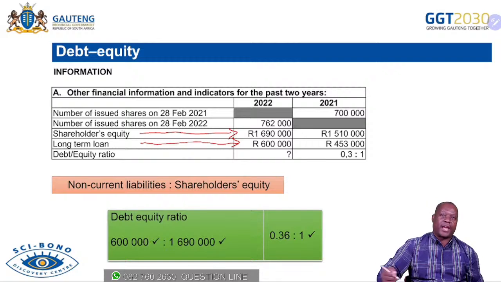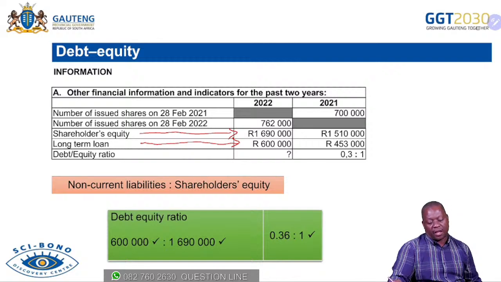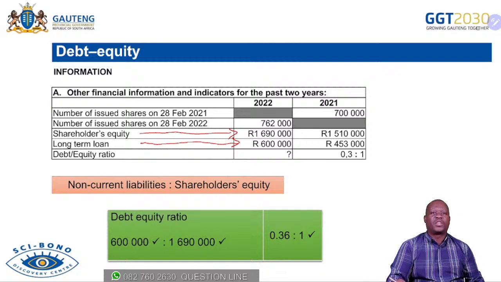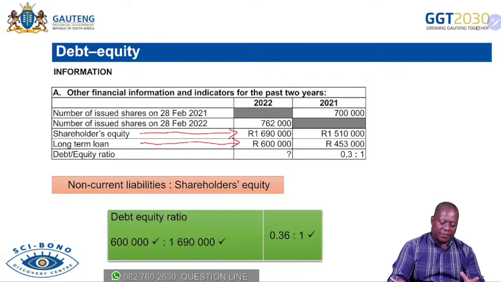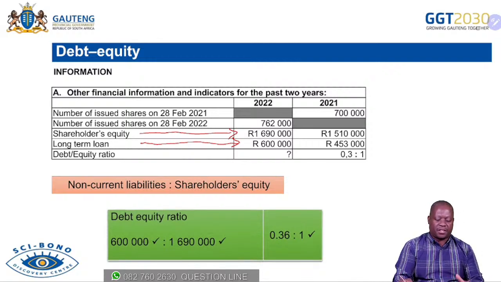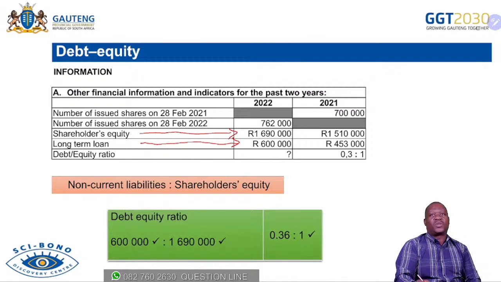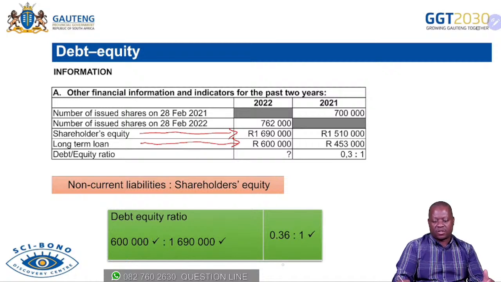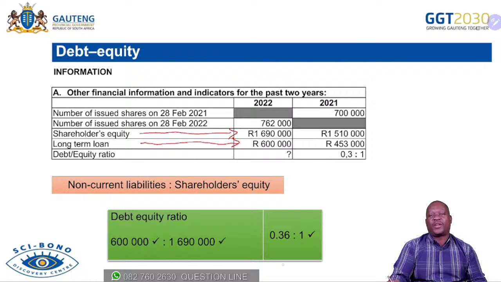Remember what I said, your right-hand side is always going to be your 1, which means we are going to say 600,000 divided by 1,690,000. And when we calculate, it's going to give us 0.36 on the left-hand side. So it is going to be 0.36 as to 1. And this is our debt equity ratio.